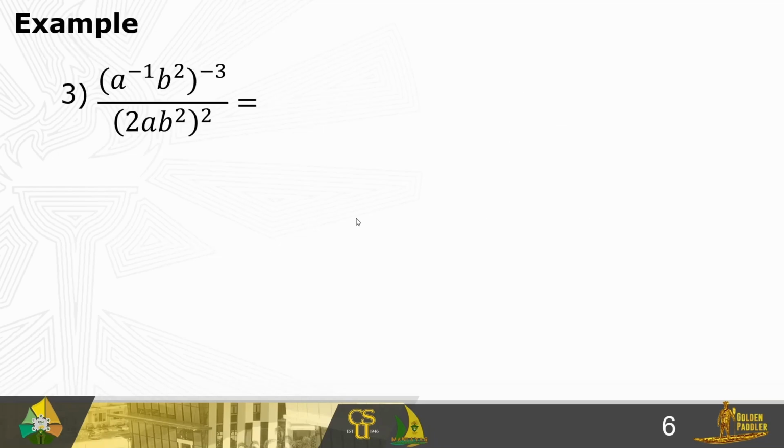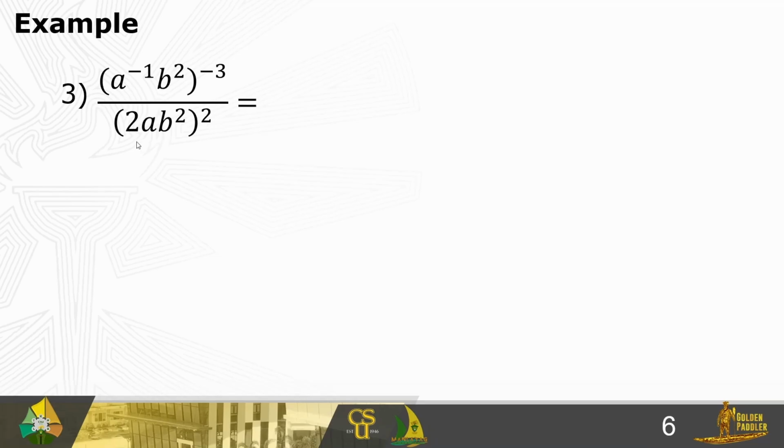Let's consider more examples. The expression a to the power of negative 1, b squared, all raised to the power of negative 3, over the expression 2ab squared, all raised to the power of 2. First, we are going to distribute the exponent negative 3 to the exponents of the bases.